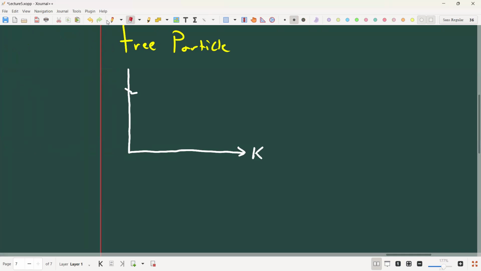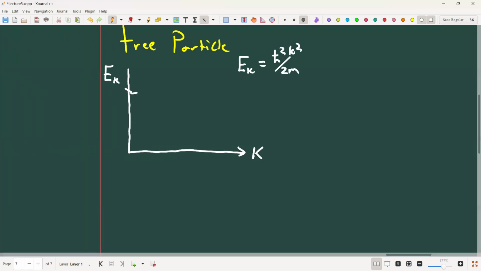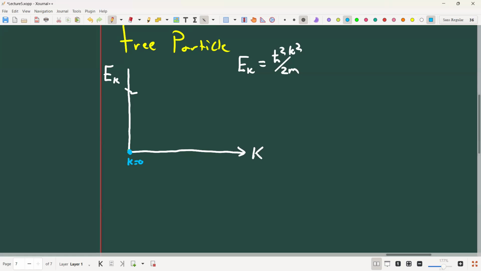Remember, k is this number that we use to define how much momentum we have. So E of k is h bar squared k squared over 2m. And so the lowest possible value for k is 0, and of course, the energy of that is 0.